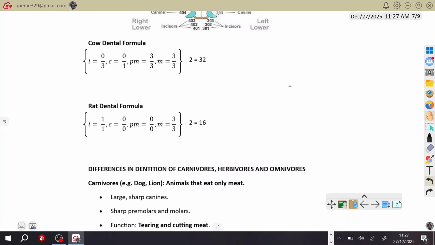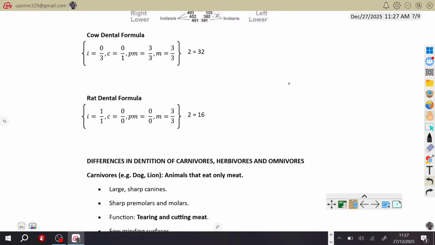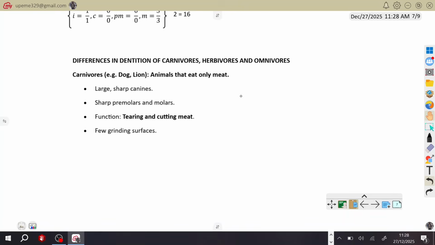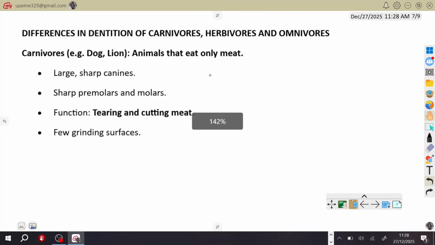Then for a rat, you'll find that on top it has 1, down 1. Then in terms of canine, 0, 0, premolar 0, 0, and then the molars 3, 3, total 16 for the rat.